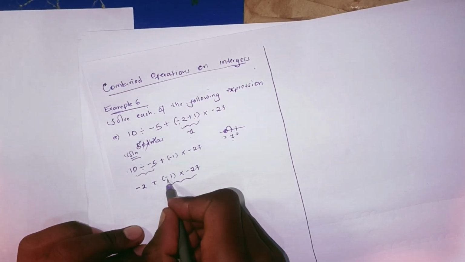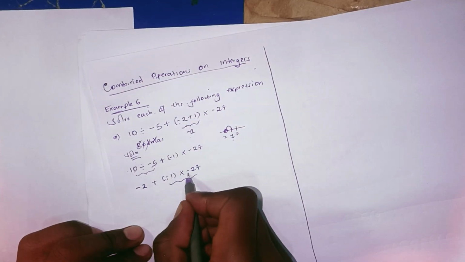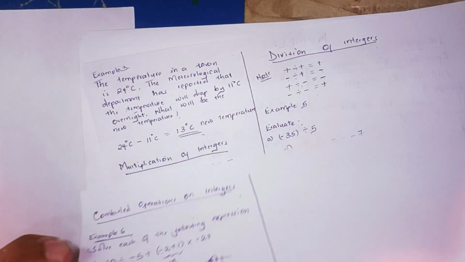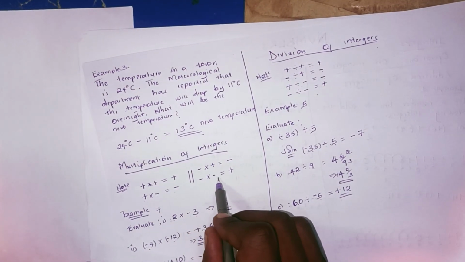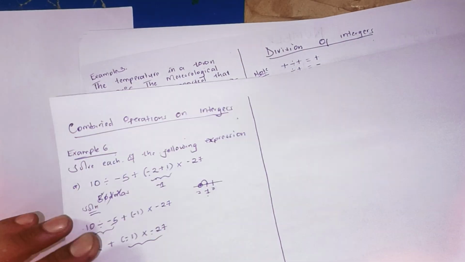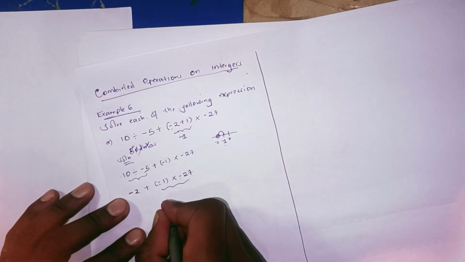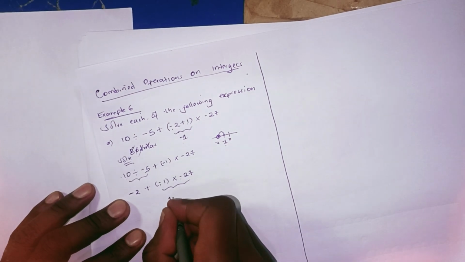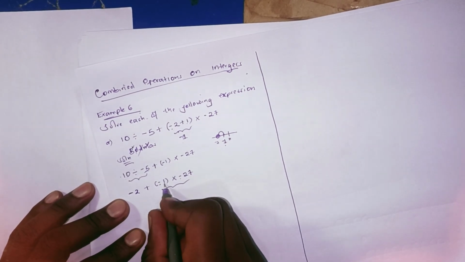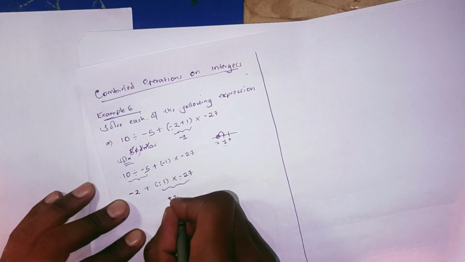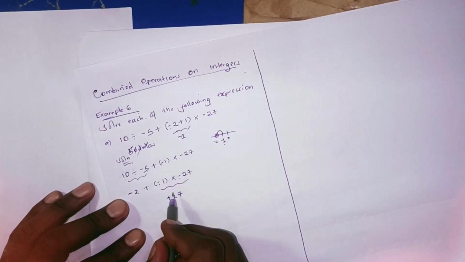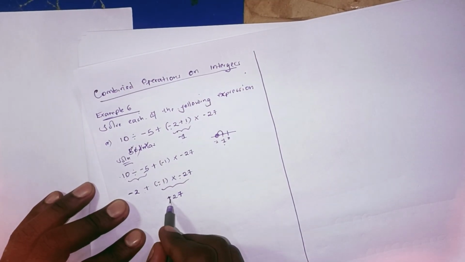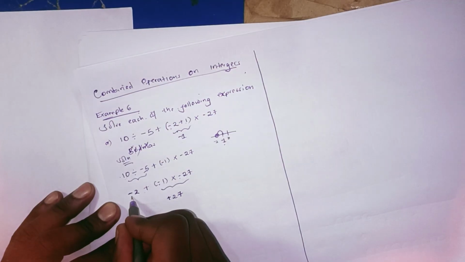You notice that here it is negative times negative, and negative times negative gives a positive. There's no need of writing a positive, or you can just write it here. 1 times 27 is 27, and positive times positive is just positive. I just leave it at that point.